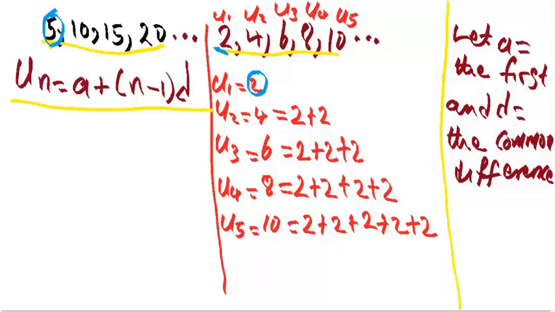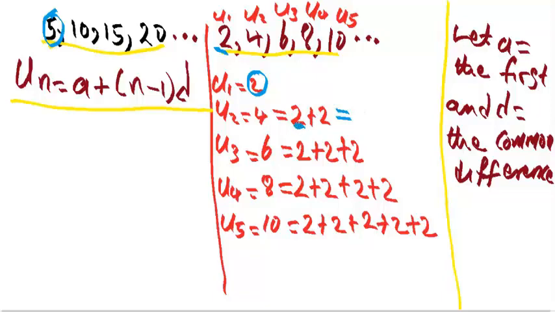Therefore, I'm going to represent this first term, the u1, by A, so that the A will stand in for any sequence at all, not just those that I've written here, but any other sequence that we want to use. The A will stand in for the first term of that sequence. So we are going to get A.